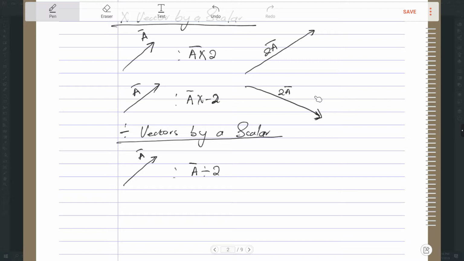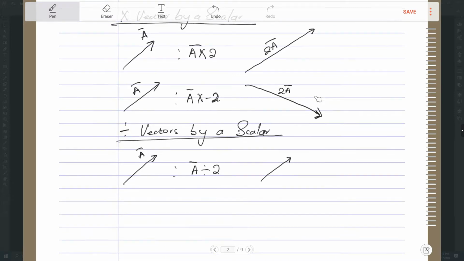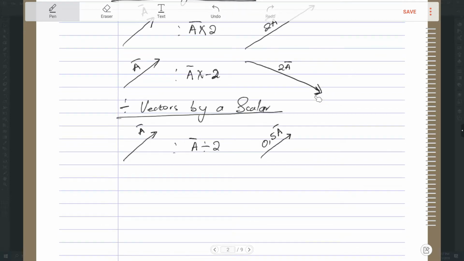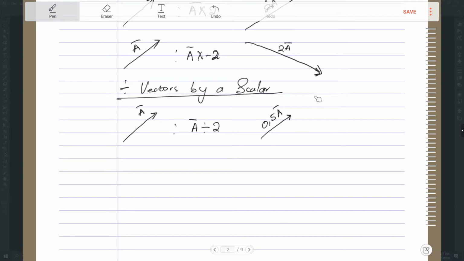So what will happen now is that the very same vector A will now be reduced by a factor of 2. So that will mean we'll have 0.5 vector A. Same will happen if we take the negative scalar. So the sense of the vector will change. So now let's move on to addition of vectors.